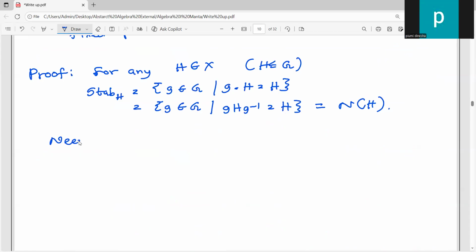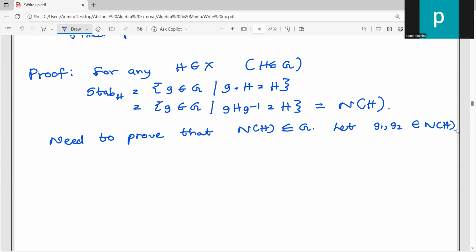Now in our next step, show that the normalizer is actually a subgroup of G. So I need to prove that. Let G1, G2 be elements in this normalizer. First of all, we have to show that this is not empty. We can see that the identity element is in there. Why is that?